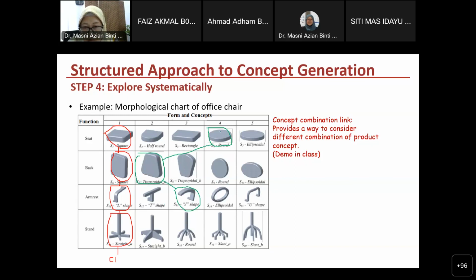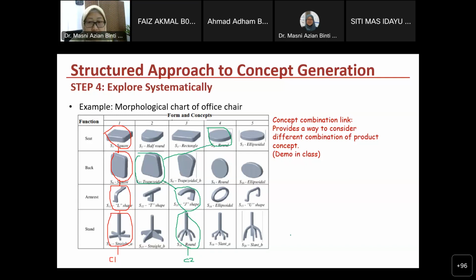You combine this feature, and then maybe you want a simple round stand like this. This combination of functions would be your second concept.